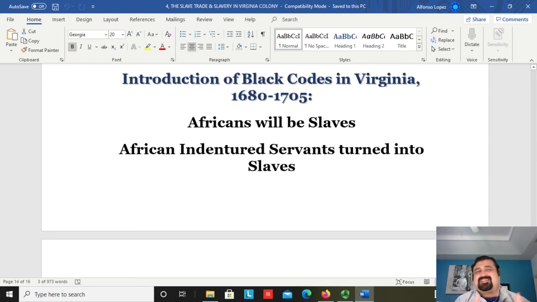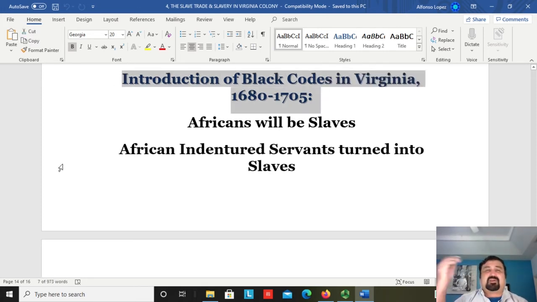Of course, by 1680, what we're going to see is that there will be a great reduction in the number of indentured servants that are coming now to the Virginia colony, and instead we're going to see now the import of African slaves. Of course, by 1680, we're going to see the introduction of the so-called black codes, which were actually slave laws.